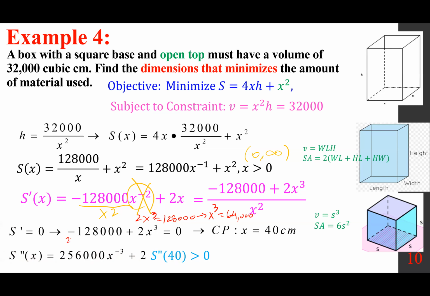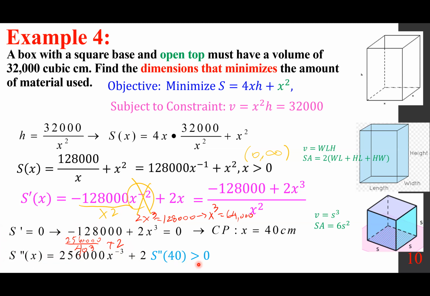You get 256,000 divided by x cubed, 40 cubed, plus 2. Now, please understand, you don't even have to evaluate it to know this is a positive value. Plus 2 makes it even more positive because we just want the sign. Of course, you can do the math. It's really not a big deal.